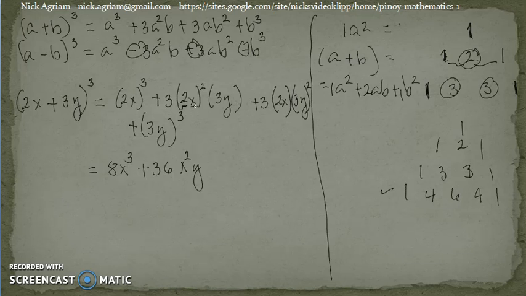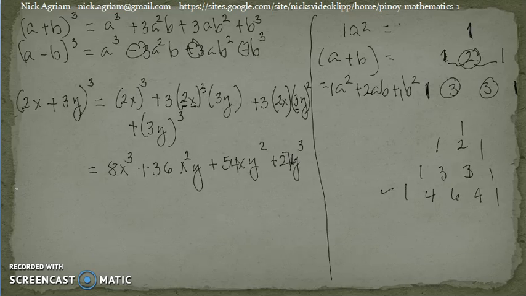Then this one will be 9 times 3 is 27, times 2 is 54 x y squared, plus 27y raised to the power of 3.